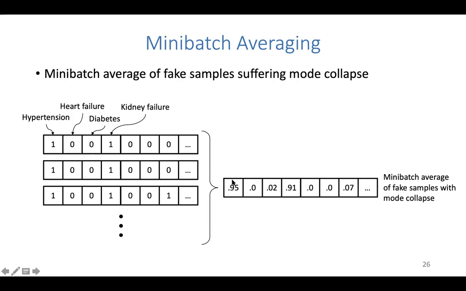So 95% chance of hypertension occurring, 91% chance of kidney failure occurring, and almost zero occurrence probability for all the other dimensions. So it is binary. It is dichotomous. It's either 1 or 0.